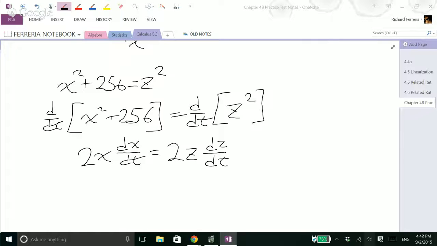Well, we want to solve for dx/dt, right? This is a good place for the solver.